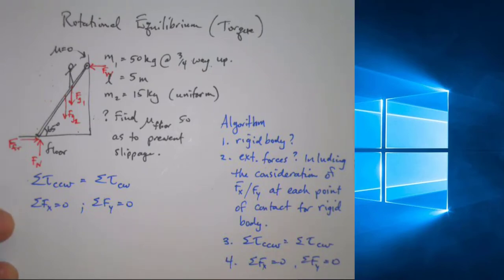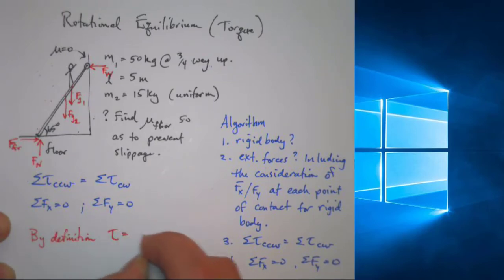Now, our understanding of torques, we have by definition torque equals the force applied to the rigid body times the sine of the angle that the force makes with that rigid body.